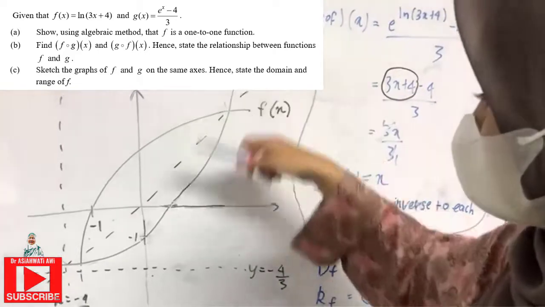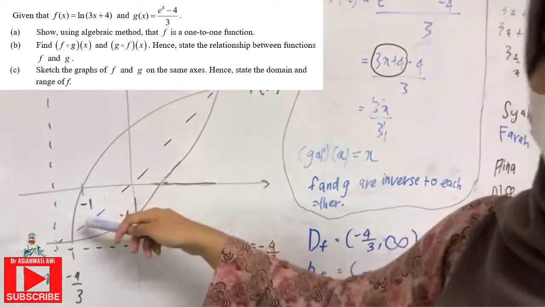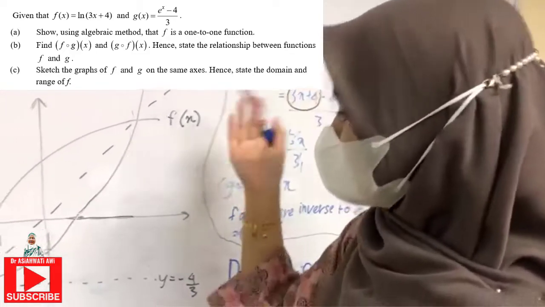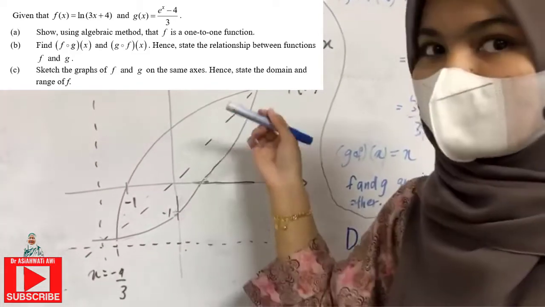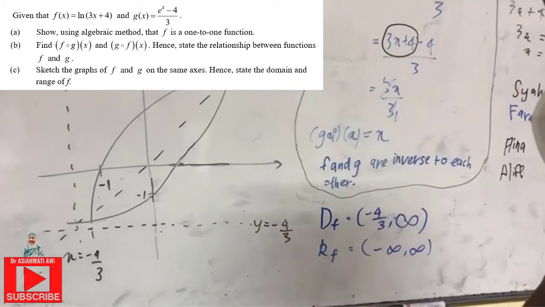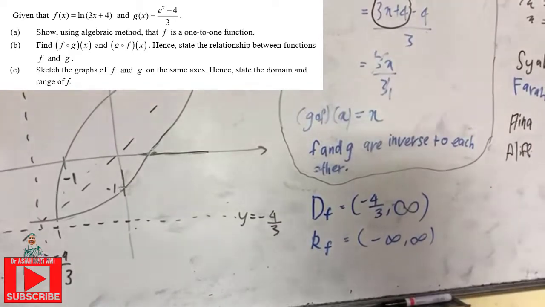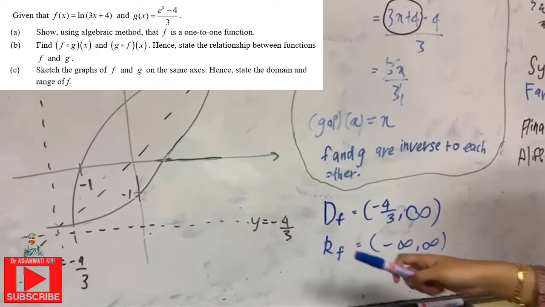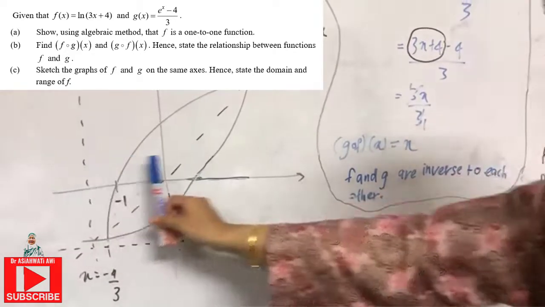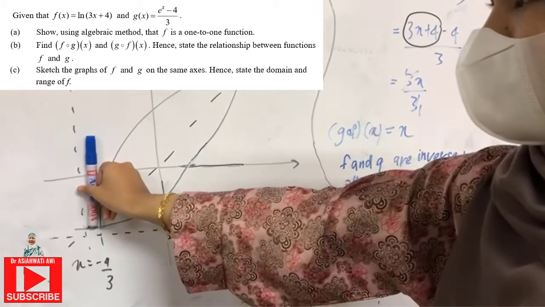For the f inverse, the x-intercept is negative 1. So for inverse, the negative 1 become the y-intercept. So the asymptote become y equals to negative 4/3. Okay, so domain, please. Domain is look at the x-axis, negative 4 over 3, because the graph start at negative 4 over 3.